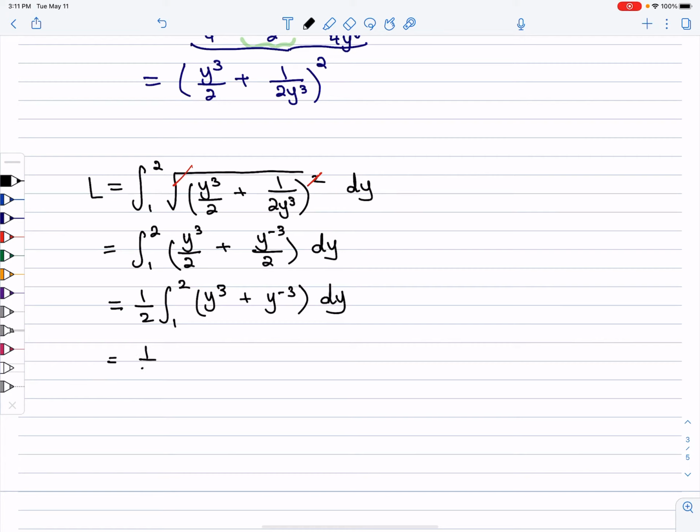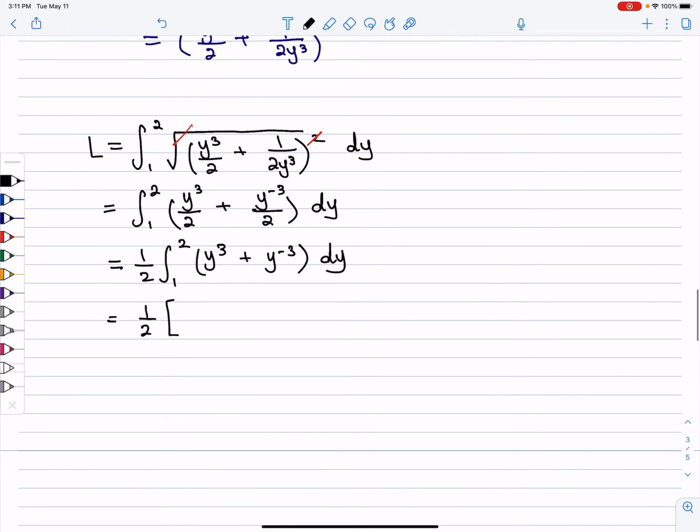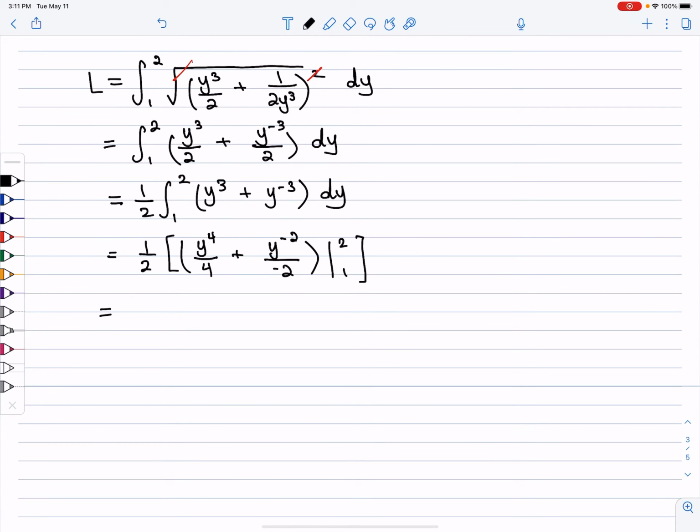All right, so we have 1/2, and now we integrate y to the 4th over 4 plus y to the negative 2 over negative 2, and we're going to evaluate this from 1 to 2. So let's see where this takes us. We have 1/2, and now we're going to evaluate at 2. We have 16 over 4.